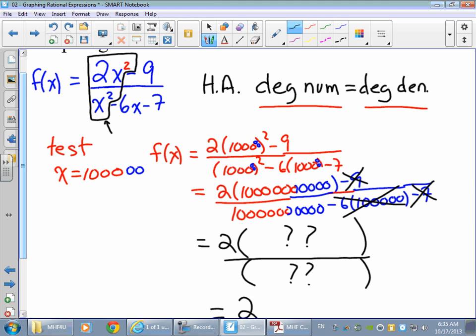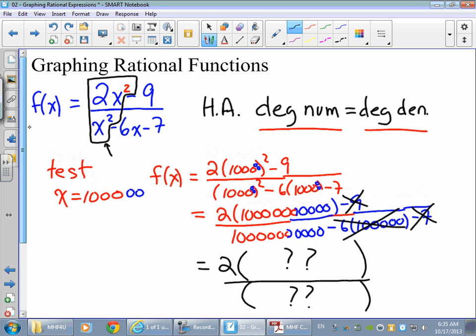And clearly 2x squared divided by x squared is approaching the number 2. No matter how big x squared gets, it's the same on top and bottom. They divide each other out, and I'm left with a 2. So in this case, my horizontal asymptote would be the line y equals 2.